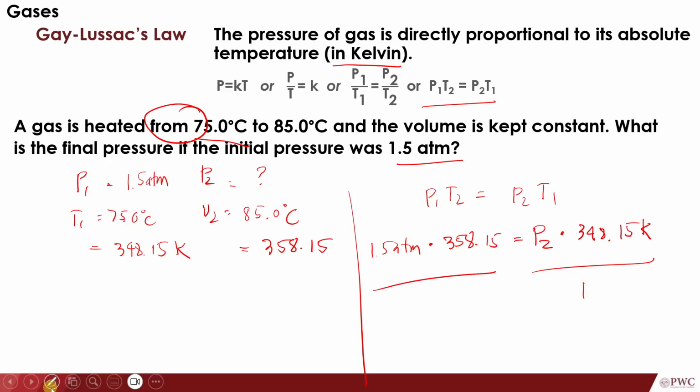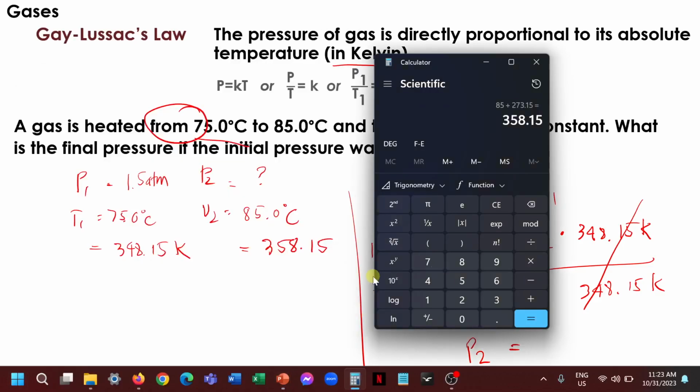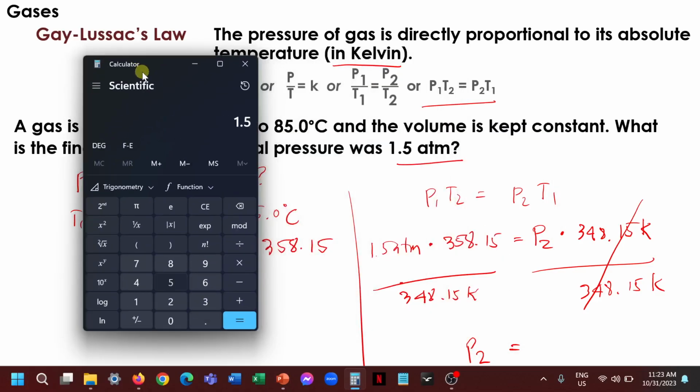So divide both sides by 348.15 Kelvin. So we have P2 is equal to, so let's solve this one. We have 1.5 times 358.15 divided by 348.15.